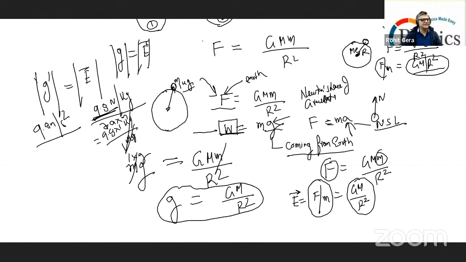Either I can write it as 9.8 meter per second square, or some people prefer to write it as 9.8 Newton per kilogram. This will be called the intensity of the gravitational field of the Earth, this will be called the acceleration due to gravity provided by Earth. One and the same thing.